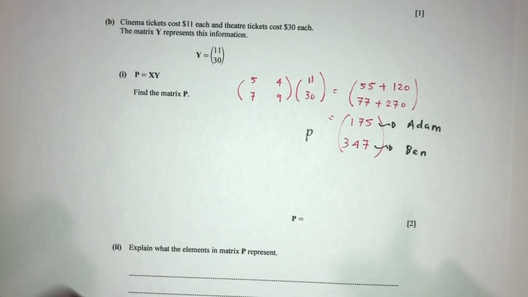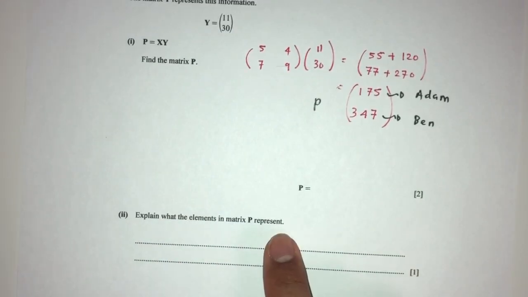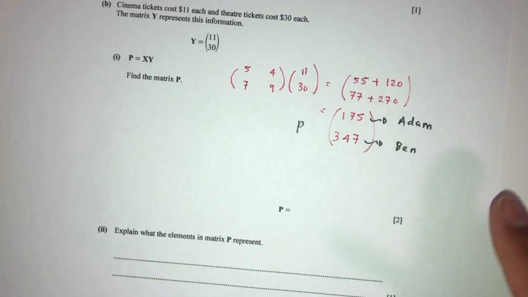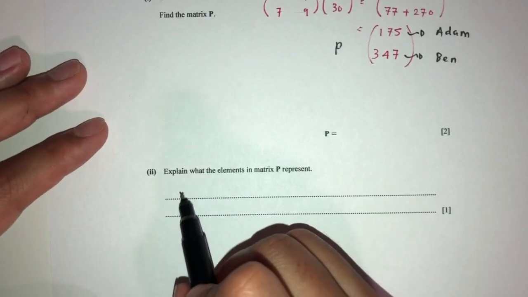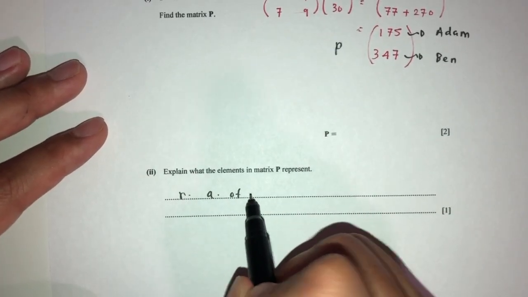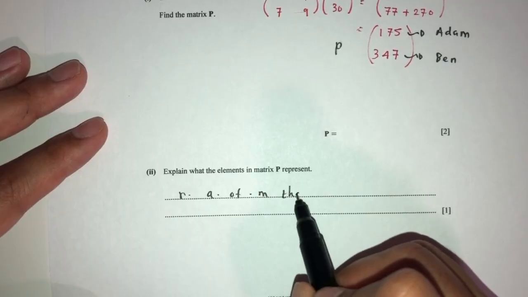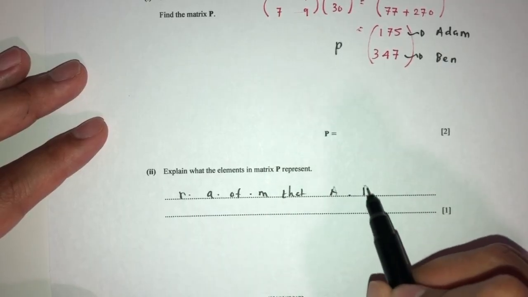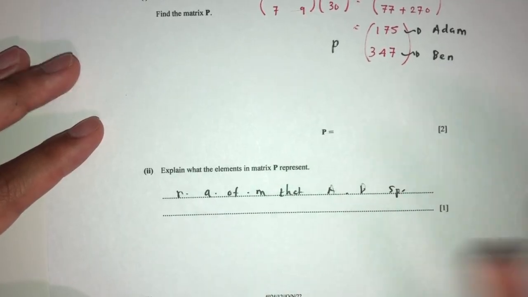So you can just write this: it represents the amount of money that Adam and Ben spent respectively. You get the idea, right?